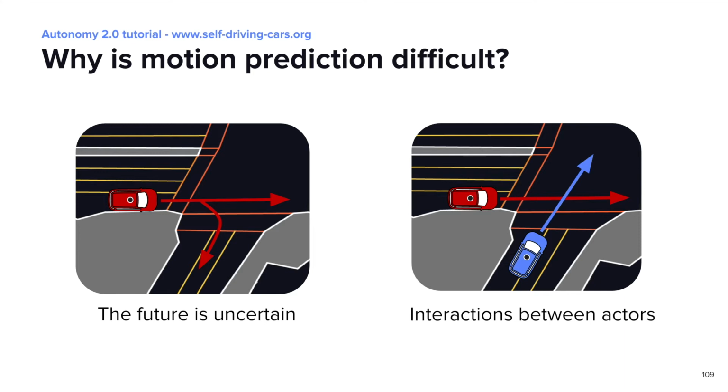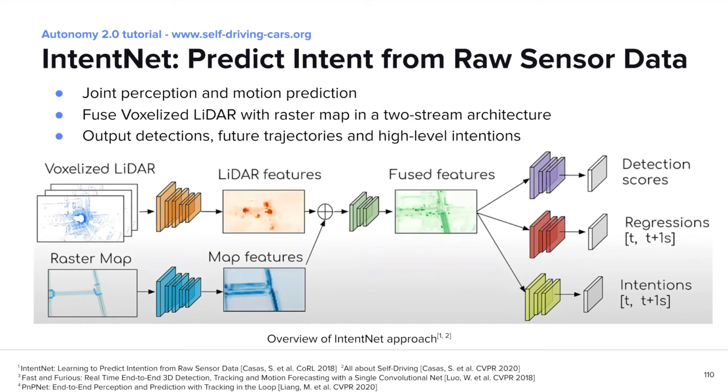And knowing the difficulty in motion prediction, let me show you some exciting work that tries to tackle this problem by leveraging recent advances in machine learning techniques. The first work is called IntentNet, and unlike the traditional engineering stack for self-driving, where you separate perception and prediction into different modules, they propose to do perception and prediction jointly using a shared representation.